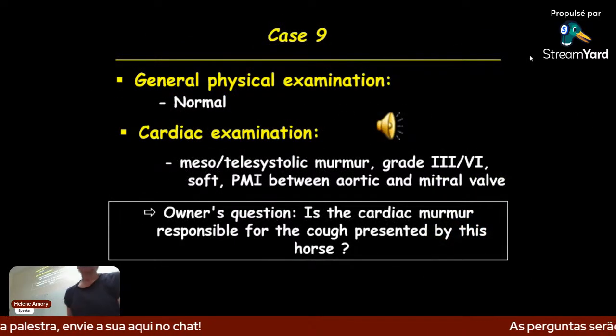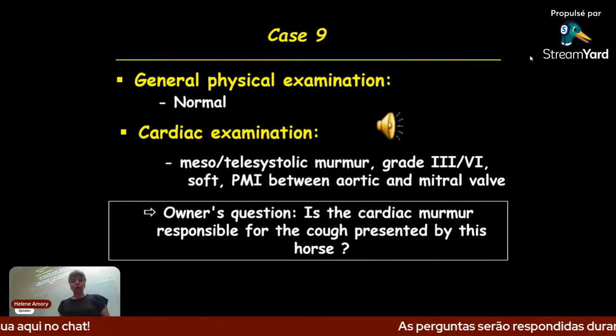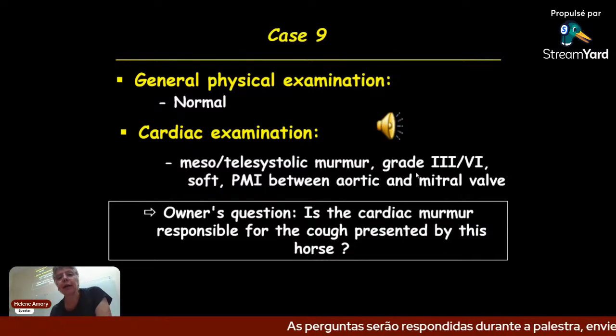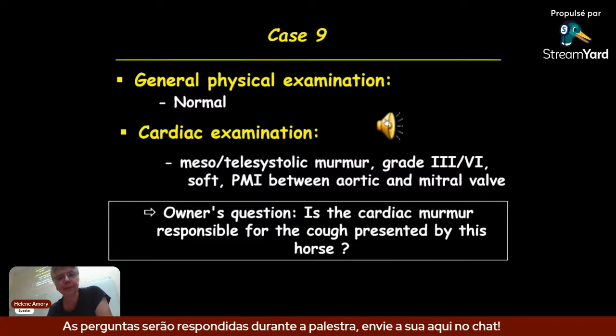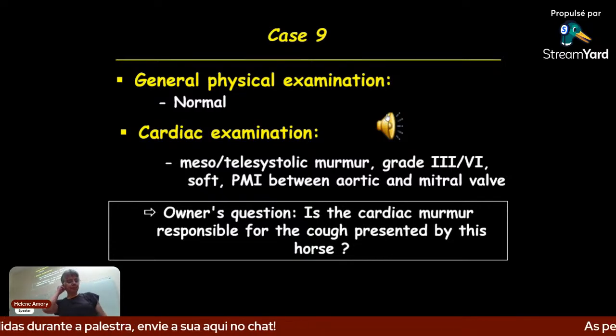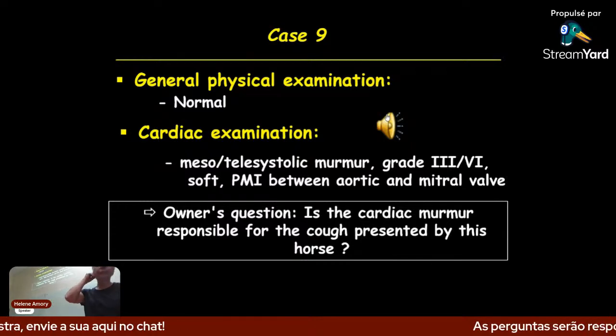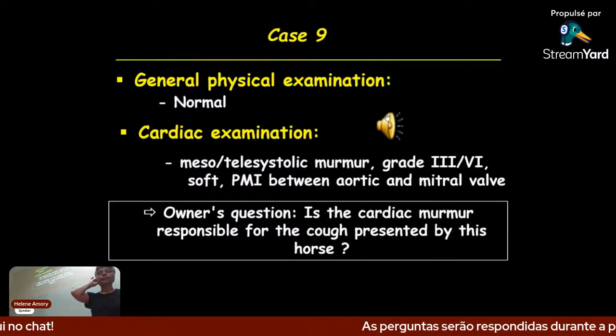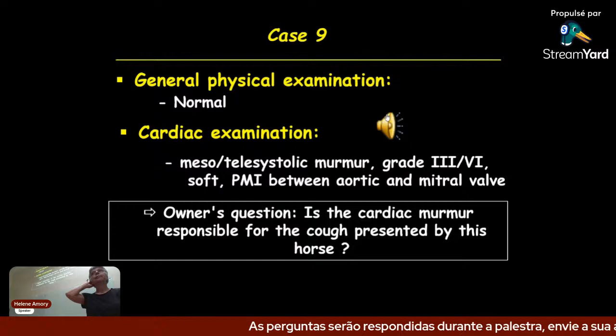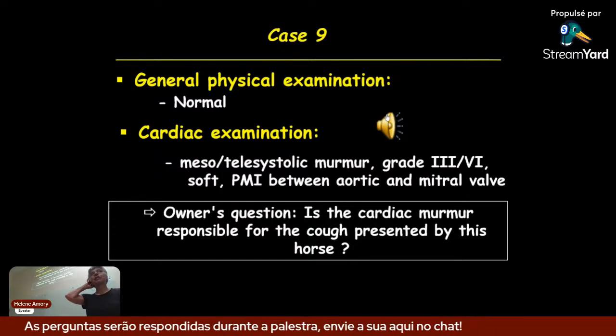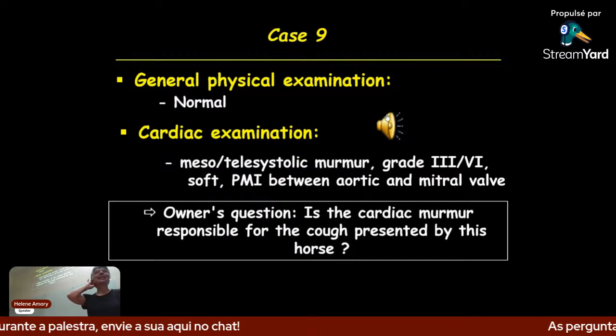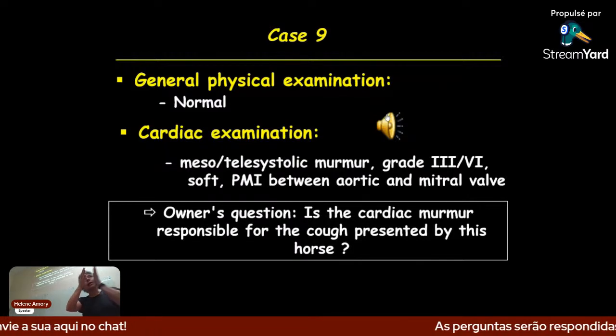The clinical examination is completely normal, and on cardiac examination we have this murmur. Systolic or diastolic? Systolic, do I agree? Mesosystolic, but it's written here that it starts at the middle of the systole.